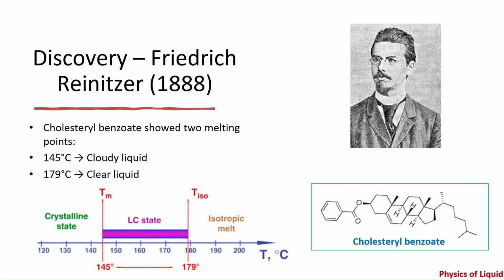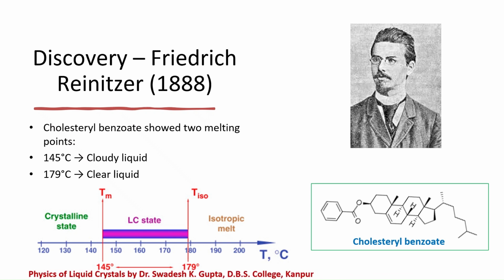Now let's come to the historical development of liquid crystals. As I discussed before about birefringence, it is the property of optically active solids which shows two refractive indices in two different directions. Usually birefringence was only observed in crystals like quartz or calcite.